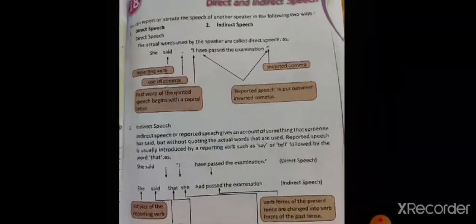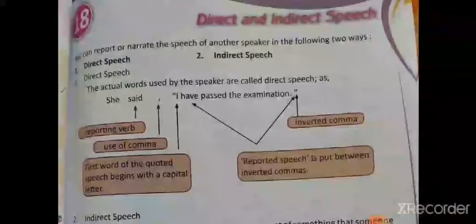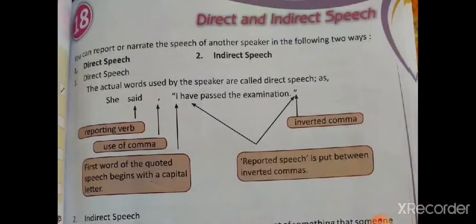So when we talk about direct speech and indirect speech, with the words direct and indirect, it is quite easy for us to understand that with the word direct, it means that somebody has directly talked to somebody else, and indirectly is like somebody has actually given the message to somebody else.